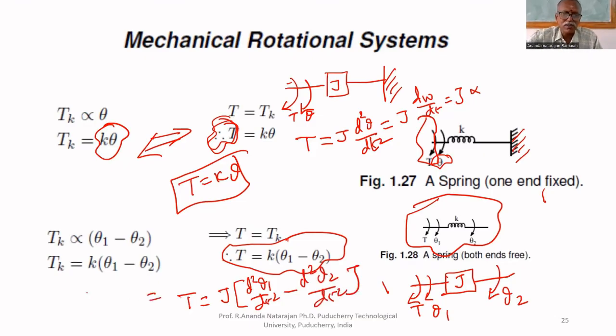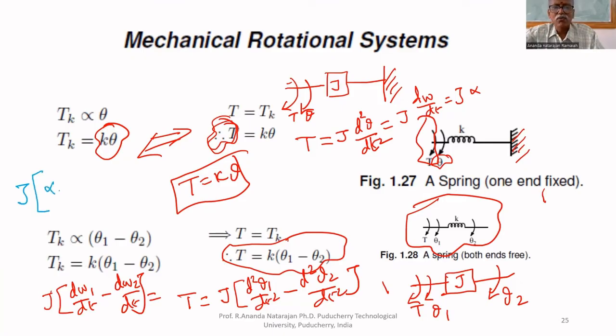This can also be written as J multiplied by d omega 1 by dt minus d omega 2 by dt, or J multiplied by alpha 1 minus alpha 2. That's all. This is for the rotational system.